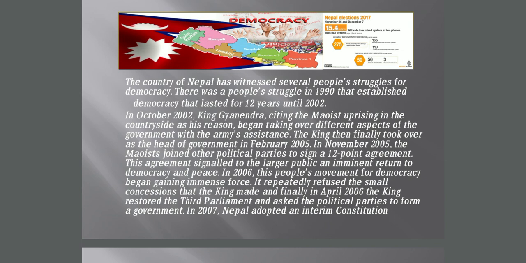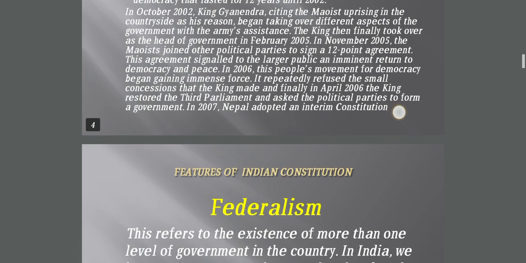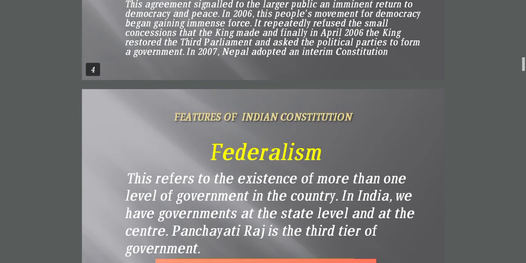After many efforts, till 2006, they created a constitution which was more liberal and gave a more democratic setup to the nation. The king restored the third parliament and asked the political parties to form a government. Nepal adopted an interim constitution, finally adopted in 2007.